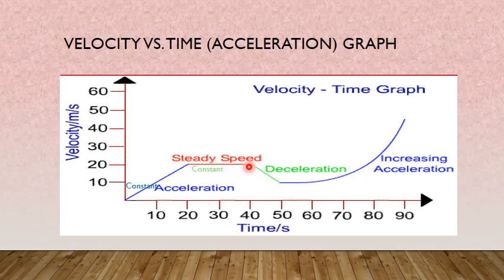Now a car going with a speed of 20 applies the brakes and the speed decreases to 10. That means the change in velocity is in the opposite direction, but the car is moving in the forward direction. So negative acceleration is called deceleration. In another case, the car increases its speed continuously for the next 40 seconds.